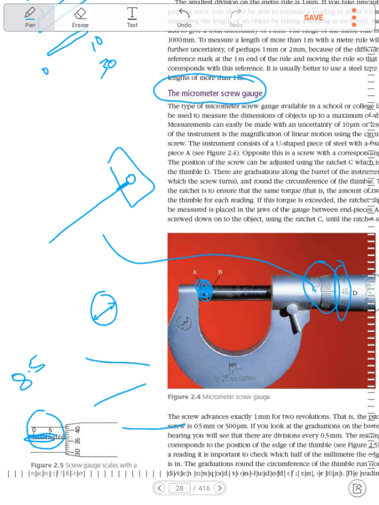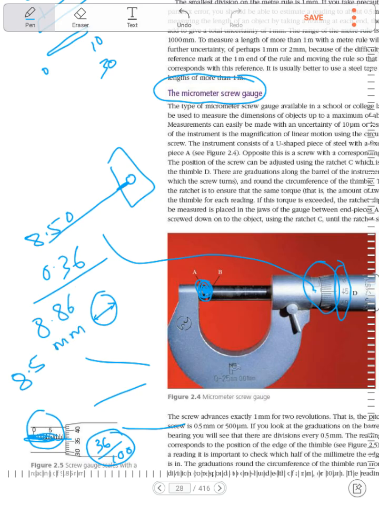Here the value which is parallel to the black line here is 36. Divide this number by 100, so the reading is 0.36. Add this number to your value, so 8.5 plus 0.36 is 8.86, and the unit is millimeter.